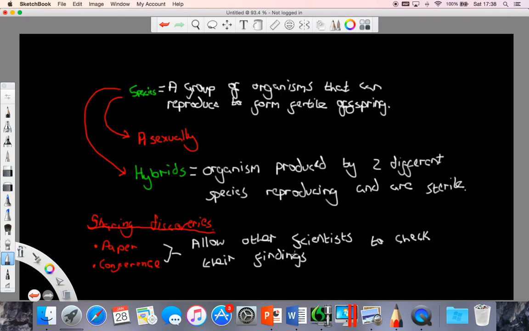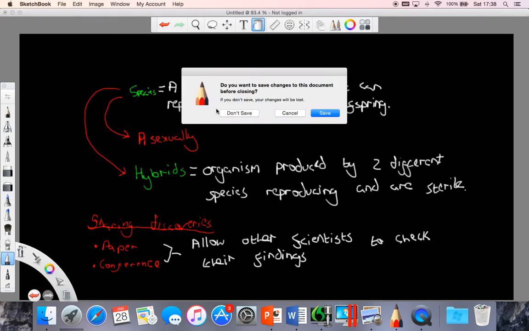So, final page. Final part even. The final part is this idea of binomial classification. And to be honest with you, in my experience, from what I've seen, everybody seems to struggle with this idea, whereas in fact it's actually quite straightforward.